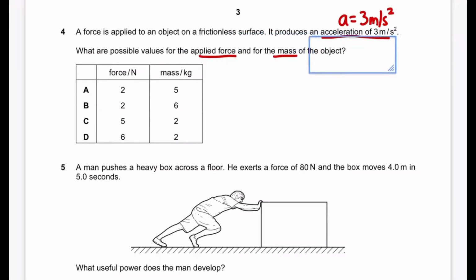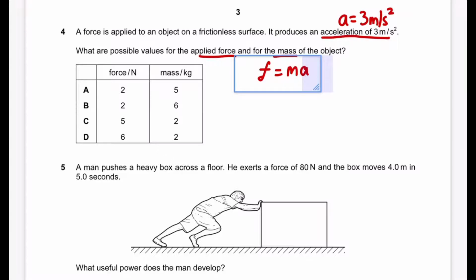So from these 3 variables, we can form an equation which is F is equal to ma. Now, we have to match one of the options to get acceleration of 3 meter per second square.